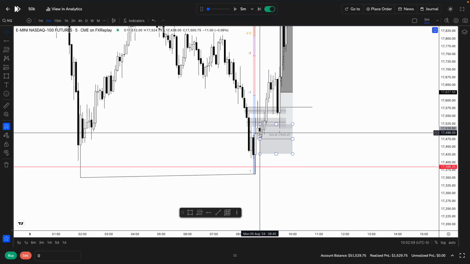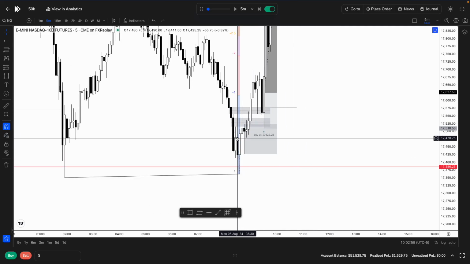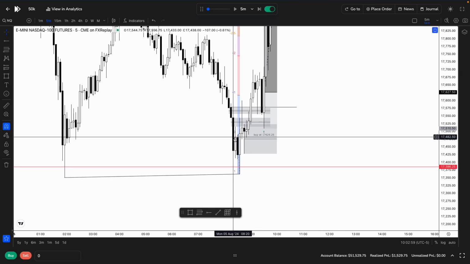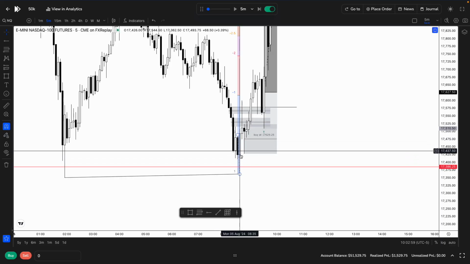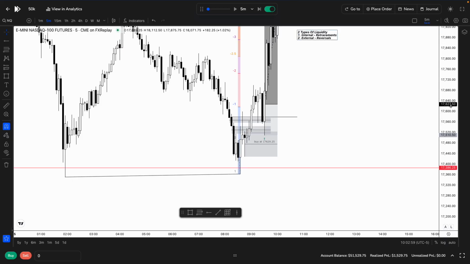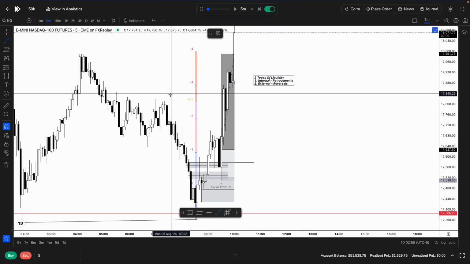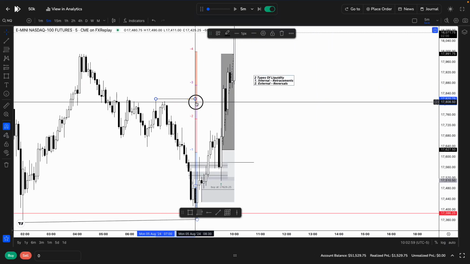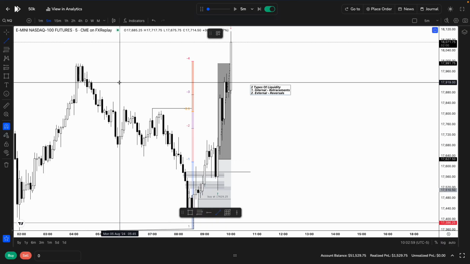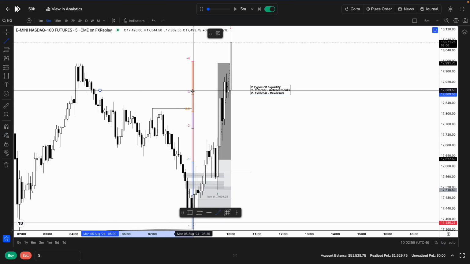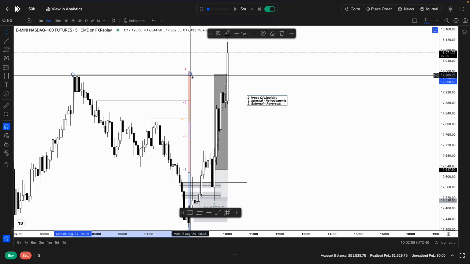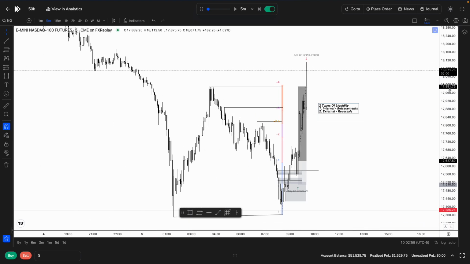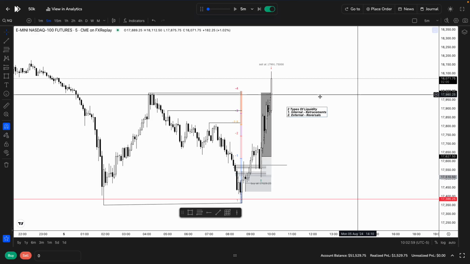It's 2 candles, so I'd mark it from here to there. What does it line up with? Well, 2.5 lines up with this internal high. 3 lines up with this internal high. And what does 4 do? It lines up with this lower time frame external high.